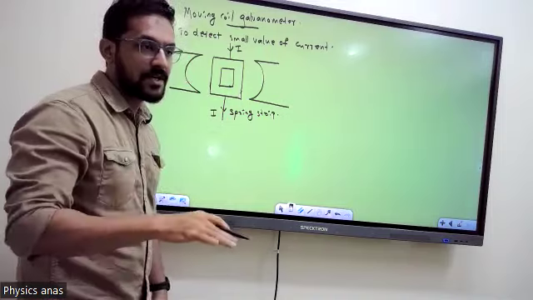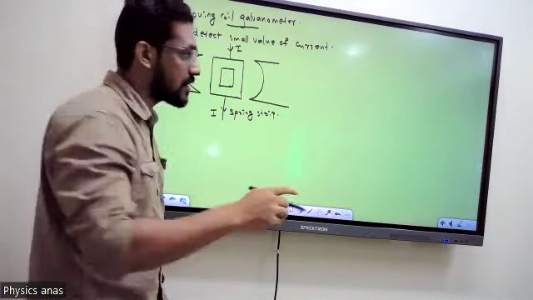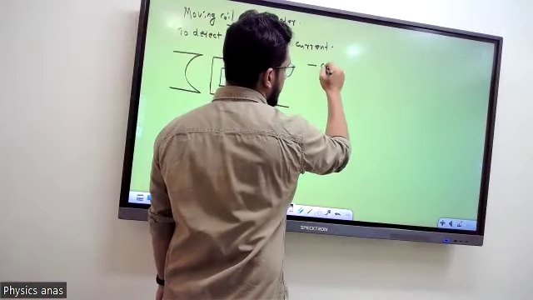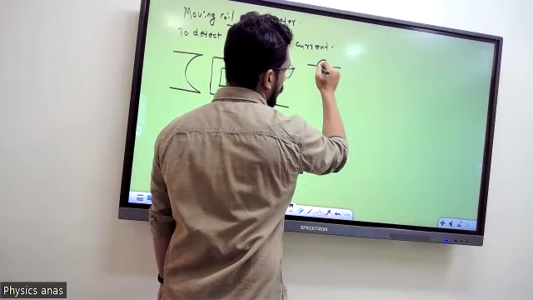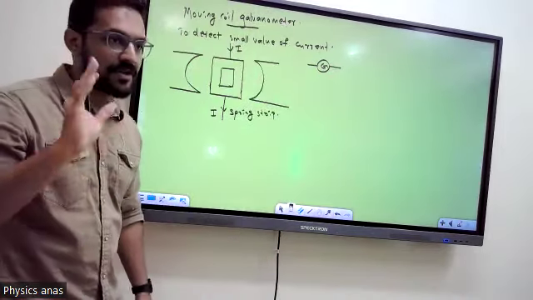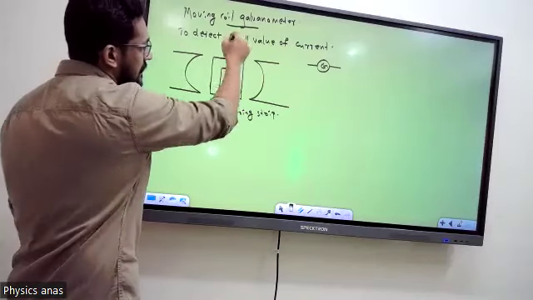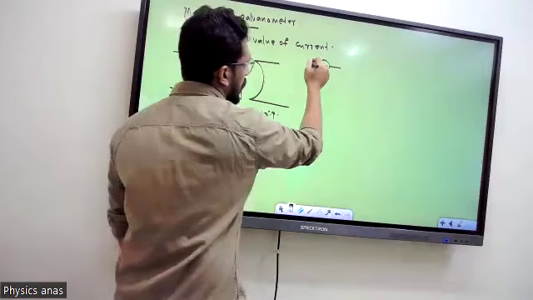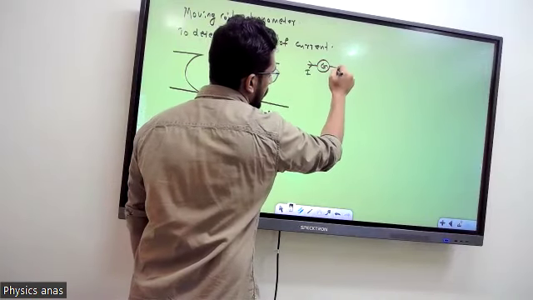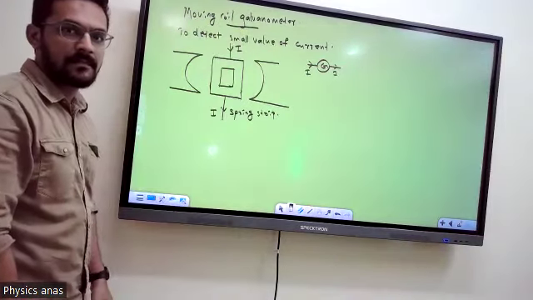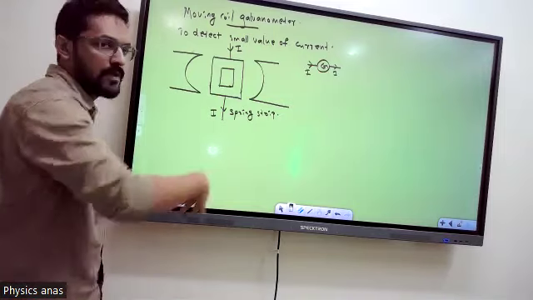And we have studied in current electricity that a galvanometer is always connected in series. Did you understand that? That means this is the current entering, this is the current leaving. So what is this galvanometer?